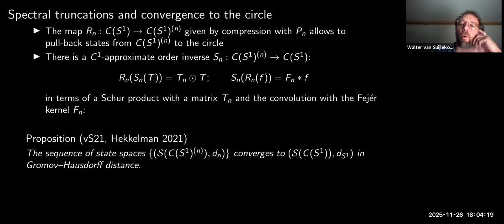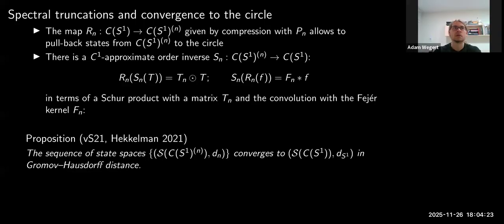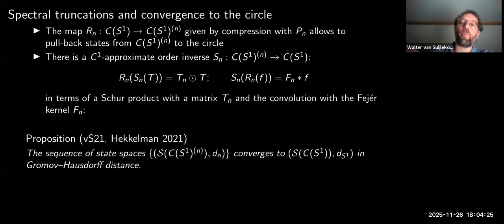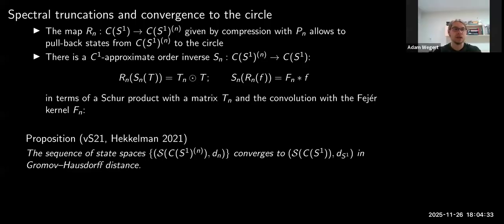I take pure states at all the finite-dimensional levels, and they will actually converge to the state space of C(S^1), being probability measures on the circle. So that's already sufficient. Okay, so your sequence is restricted only to pure states, but the limit is always the whole space of states, right?